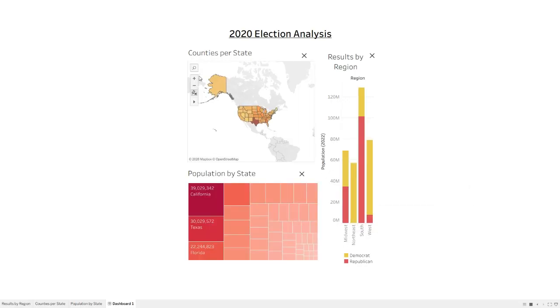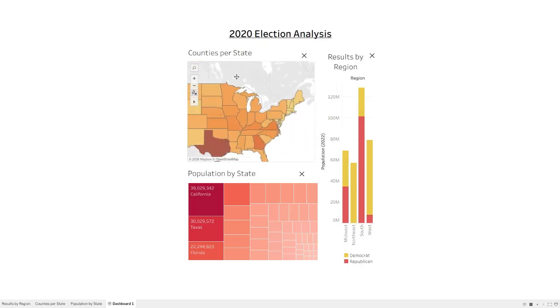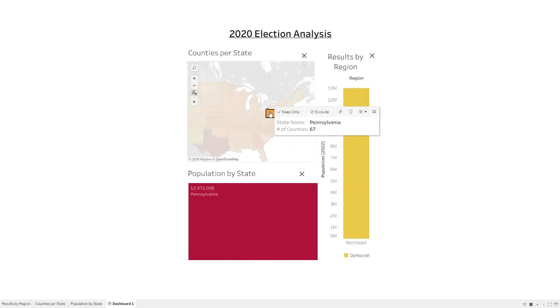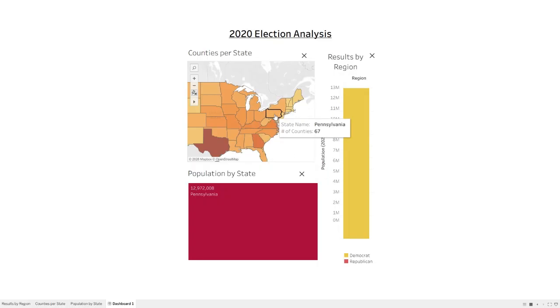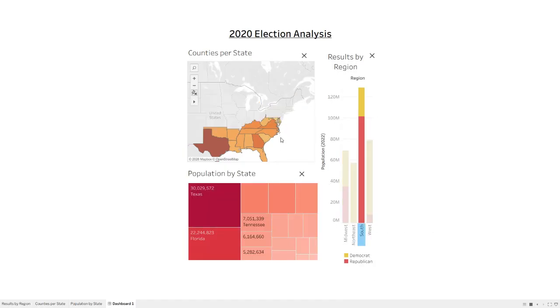We can also explore data at the state level by selecting a state from the map. Narrowing the dashboard to a single state allows us to see differences more clearly. For example, the South as a region shows significantly stronger Republican than Democratic support.